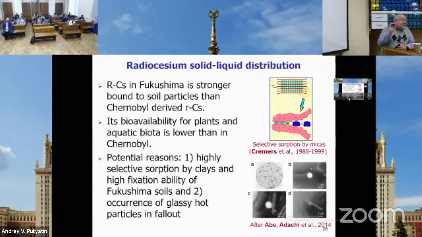But what can they not catch? They cannot catch tritium, because tritium is water. I think it is possible in principle to separate tritium water from normal water, but this is very complicated and very expensive. So they still have tritium, which is more than the permissible level in this purified water.